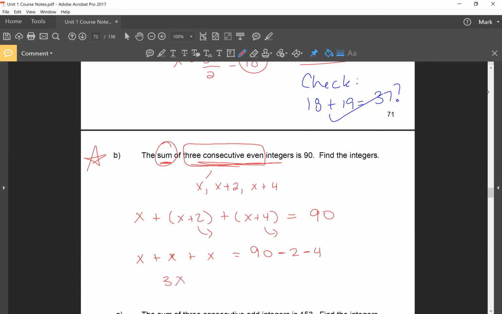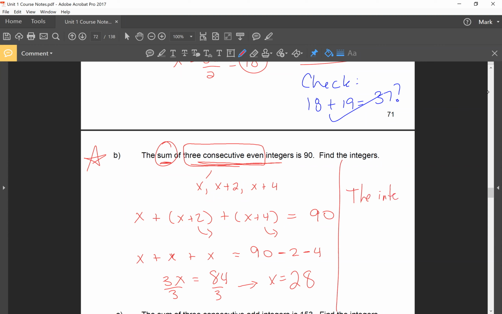So 3 X's equals 90 minus 6, which is 84, which means X is 84 over 3, which is 28. Now I'm not done the question.